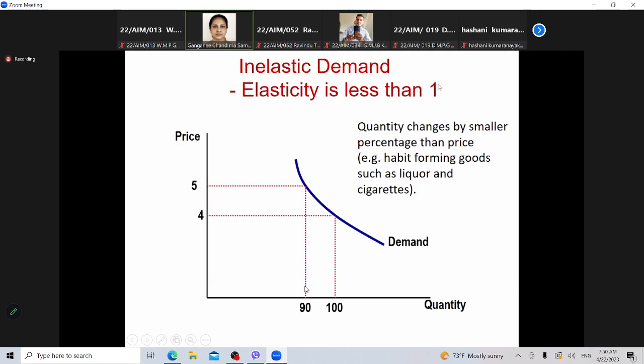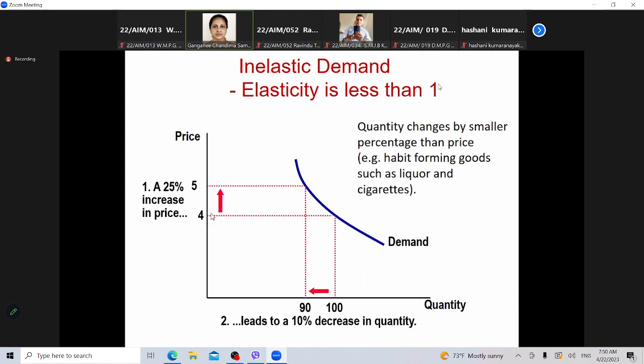So comparatively, the price increases more than the quantity demanded. Let's say a 25% increase in price. If it goes from 4 to 5, you can see a 10% decrease in quantity, 100 to 90.